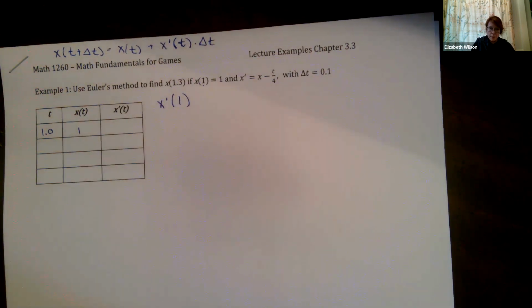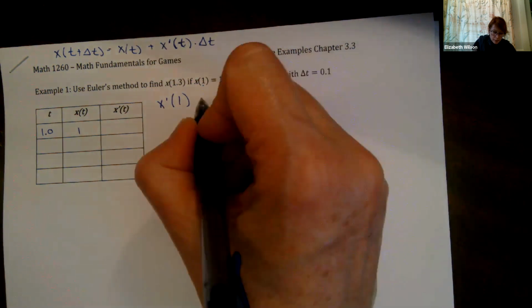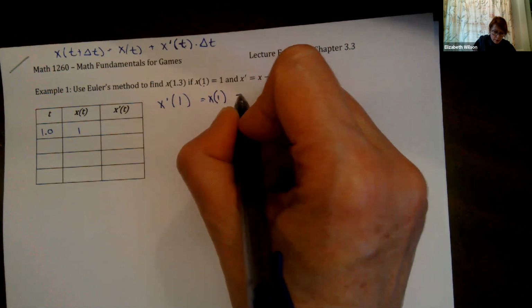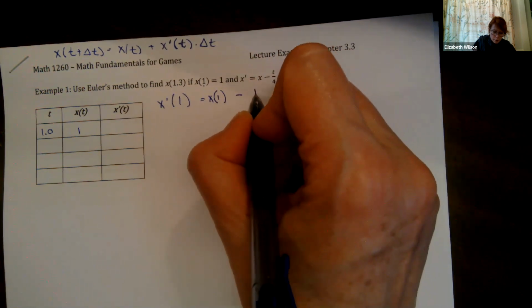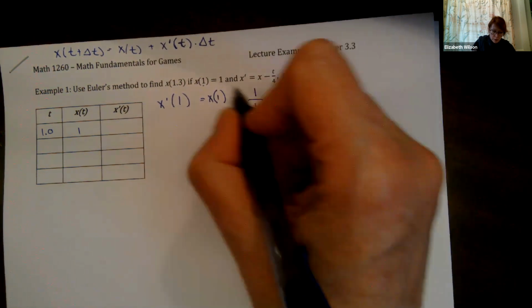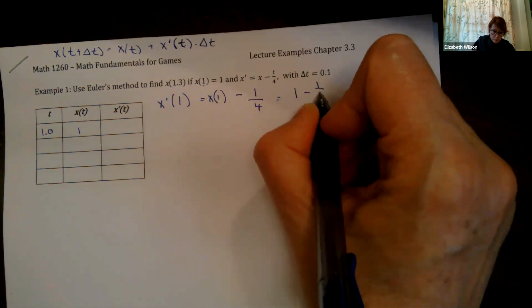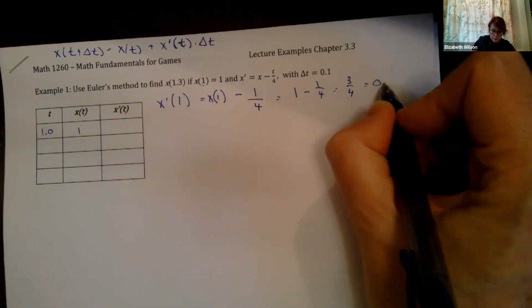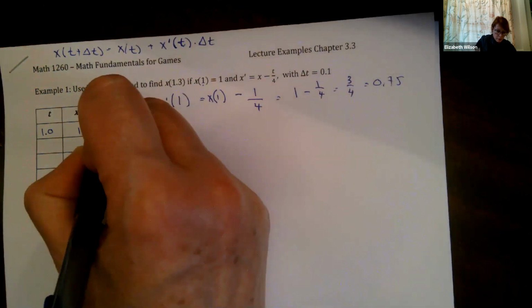So what's my x prime of 1? I'm going to plug it into here. It's equal to x of 1 minus t, which is 1 over 4. So this is going to be equal to 1 minus 1/4, which is 3/4, which is 0.75.